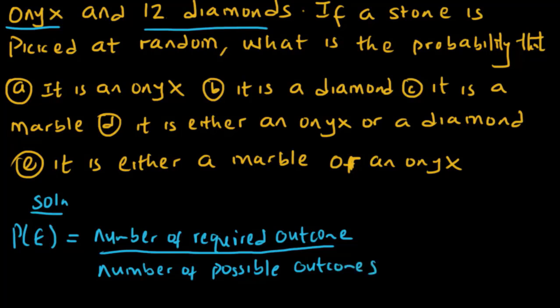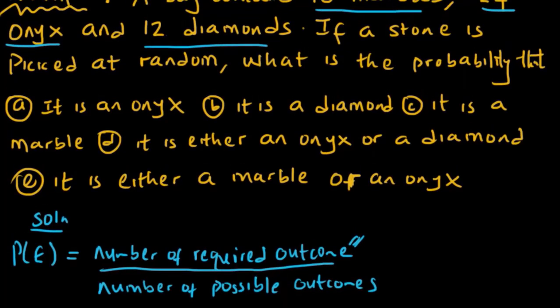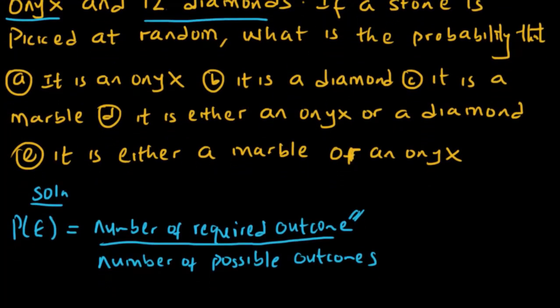Now remember, the total is always the denominator, while what you are asked to find is always the numerator. So from the question, we have 10 marbles, 24 onyx, and 12 diamonds.